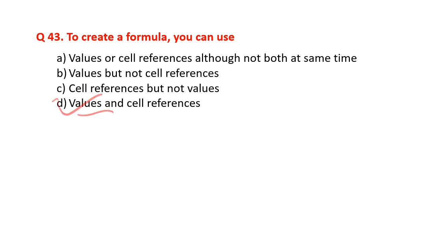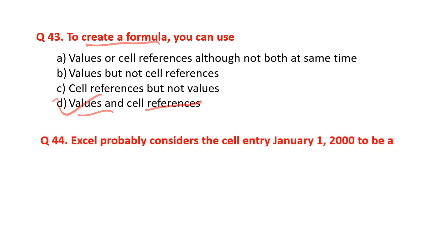So values and cell references can be used to create a formula. Next question. Excel probably considers the cell entry January 1st, 2000 to be a label or value, formula or text string. So Excel identifies it as a value. So next question.